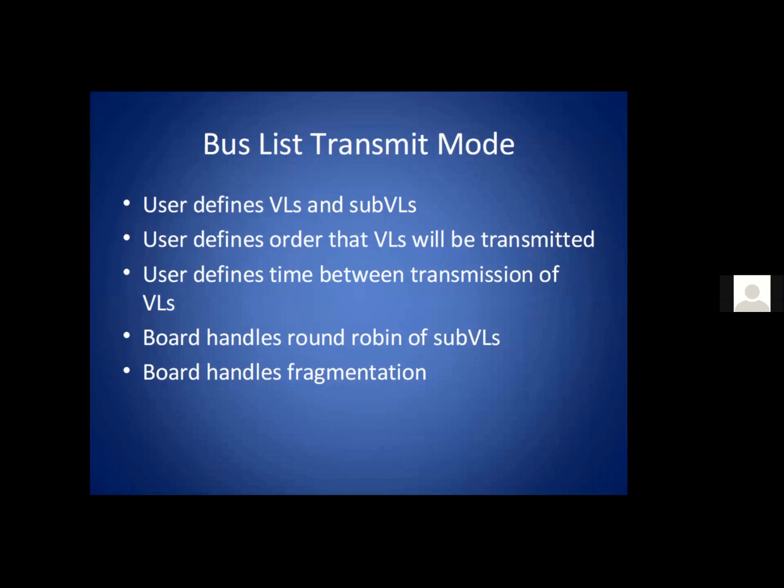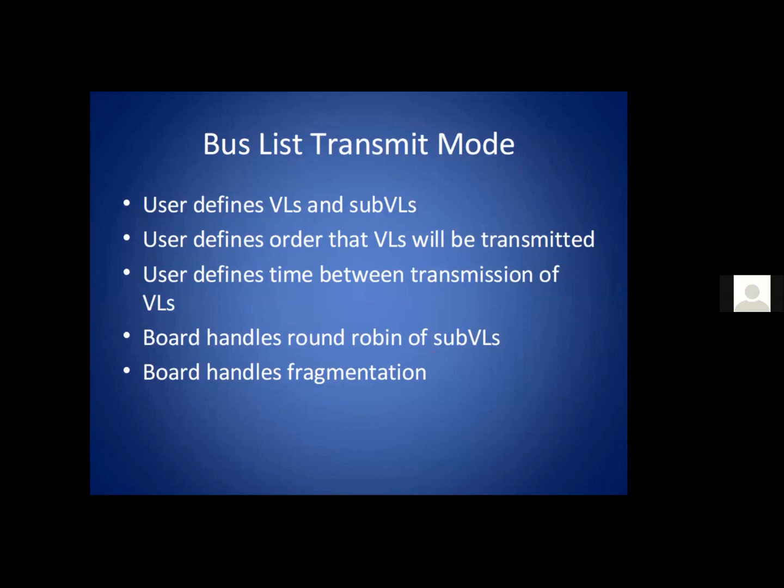Whereas we now give you a different mode, a bus list mode, in which the user gets full control over the order of every single packet that goes out and the timing. Again, the user defines the VLs and the sub-VLs, but now, instead of giving us a BAG and letting us decide how to arrange it, the user says, this is the order that you're going to send them out, and this is the time between transmissions.